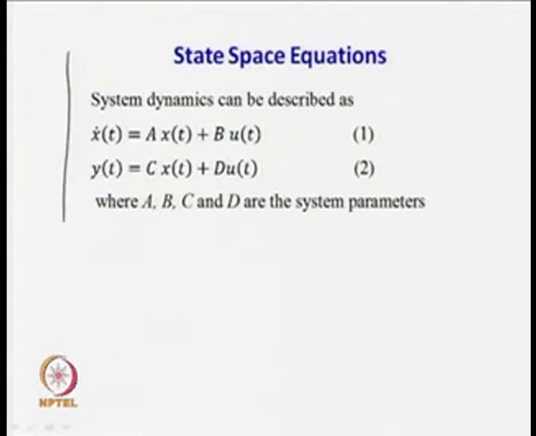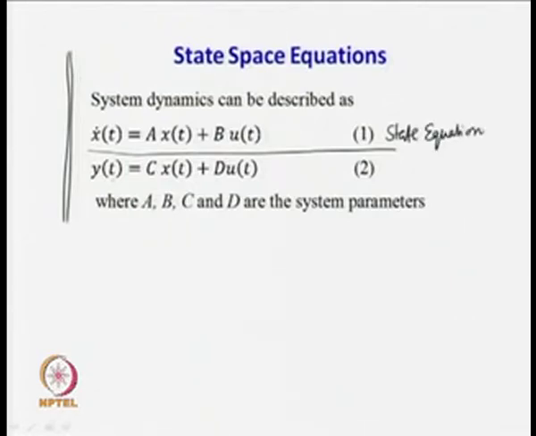You are very much familiar with equations of this form, where the first equation given by x dot t equal to A x t plus B u t is known as the state equation, whereas the second one, y t equal to C x t plus D u t, is known as the output equation. What do we mean by the output and state of a system?